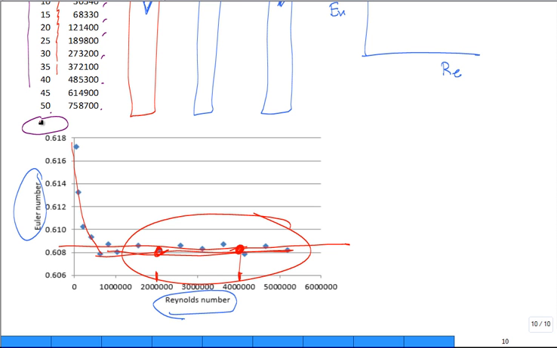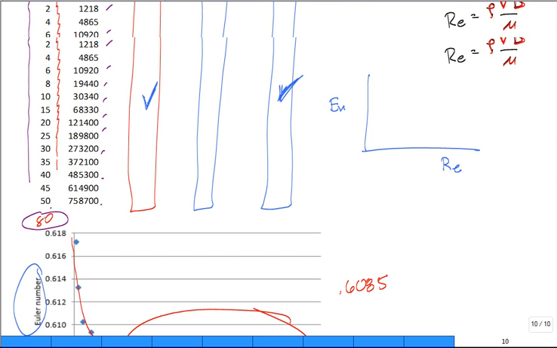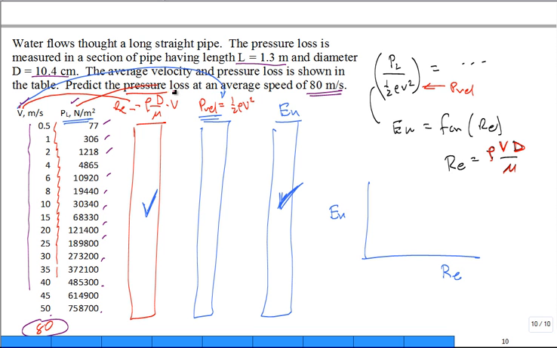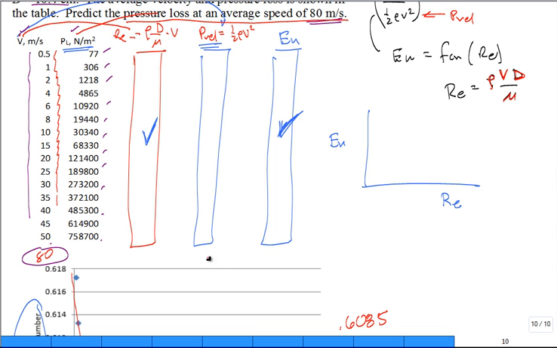So even though I didn't have any measurement for 80, I'm going to say that the Euler number is around 0.608 something. 0.6085. I don't really have four significant digits to it, but that's what I'm going to do, right? I'm going to put an average value there. And once I have that, then I can predict the pressure loss at that speed. So what I would do is I would come over here and I would get the velocity pressure at 80.